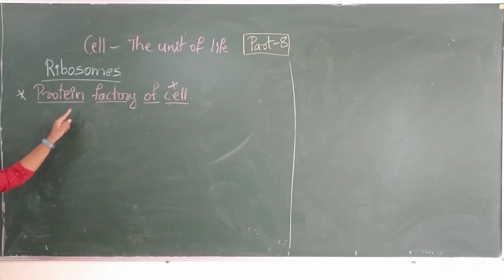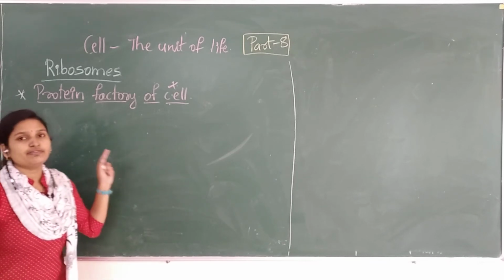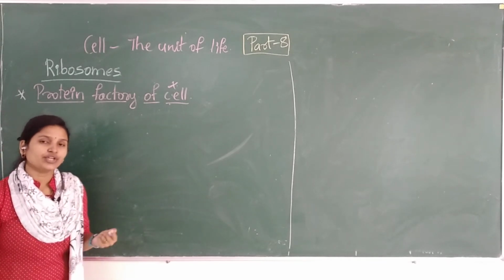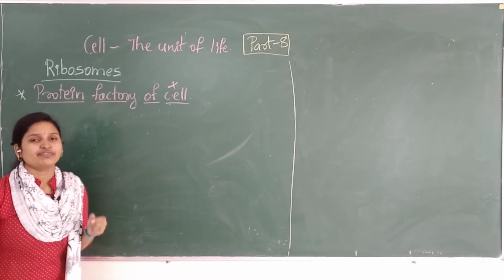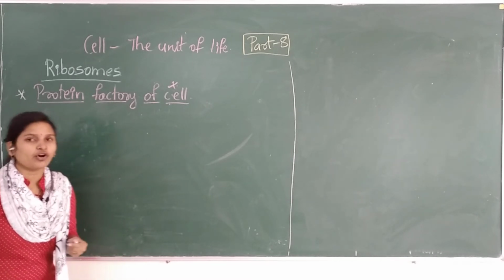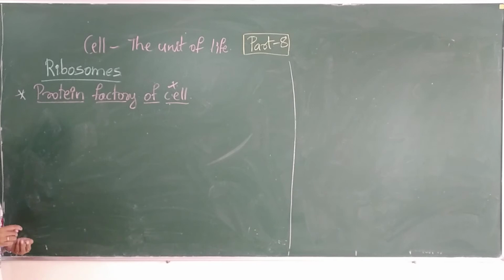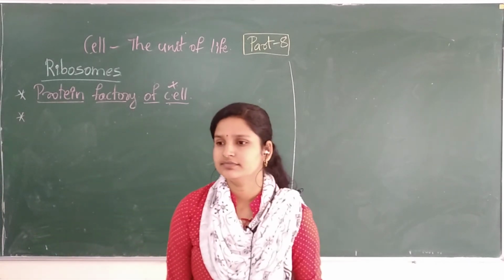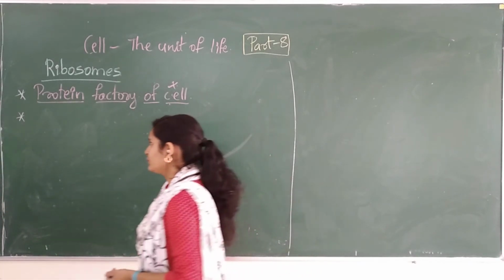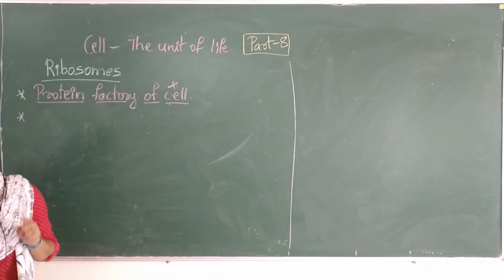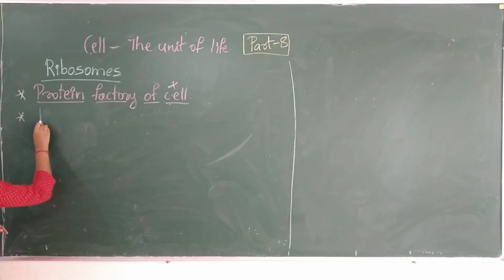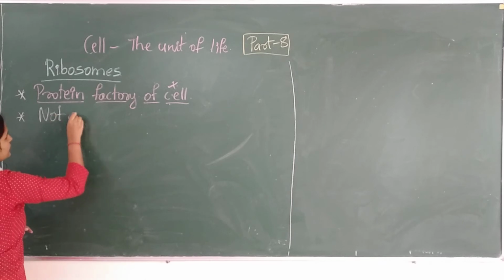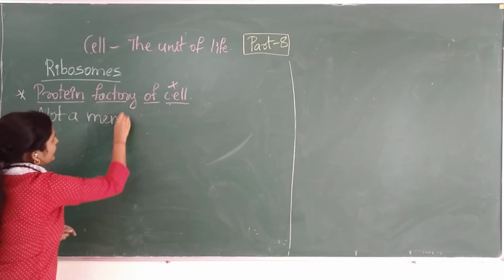So remember, ribosomes are called the protein factory of the cell because they produce the proteins which are very essential for the organism. So tell me whether they are membrane-bound organelles. Okay, good. They are not membrane-bound organelles. Remember, not membrane-bound.